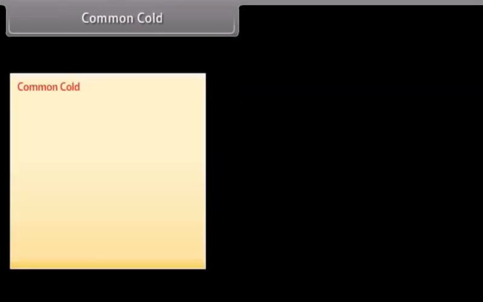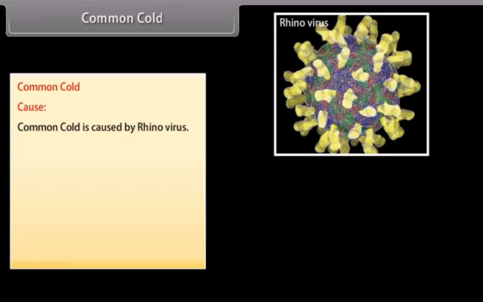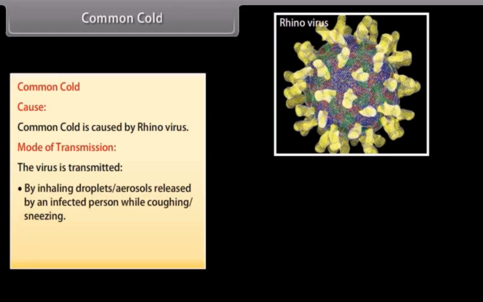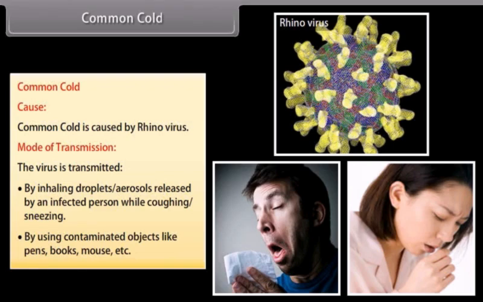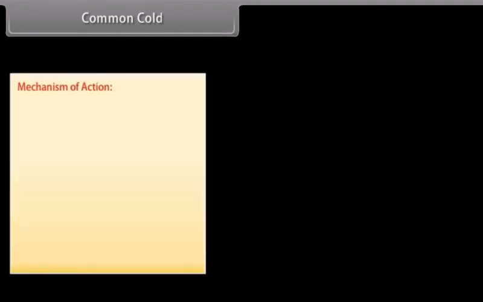Common cold. Cause. Common cold is caused by rhinovirus. Mode of transmission. The virus is transmitted by inhaling droplets, aerosols released by an infected person while coughing, sneezing, or by using contaminated objects like pens, books, mouse, etc. Mechanism of action.